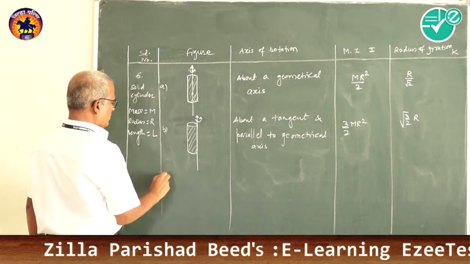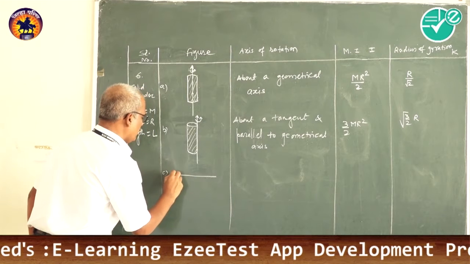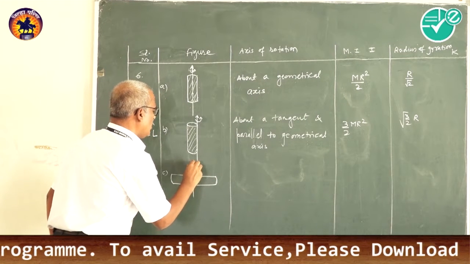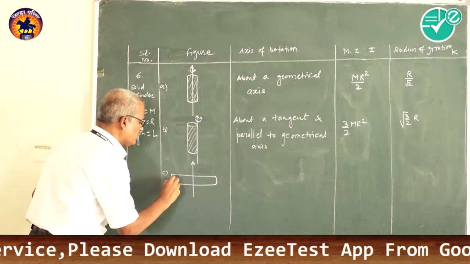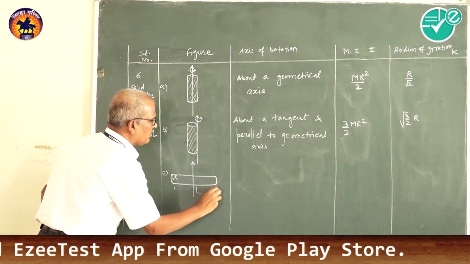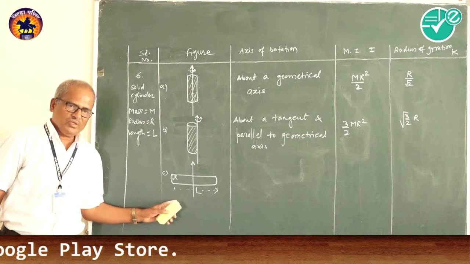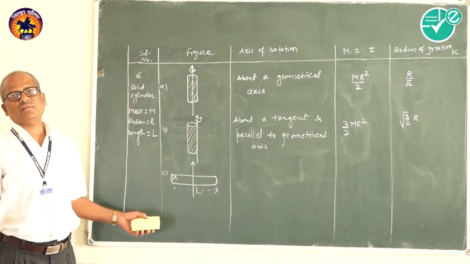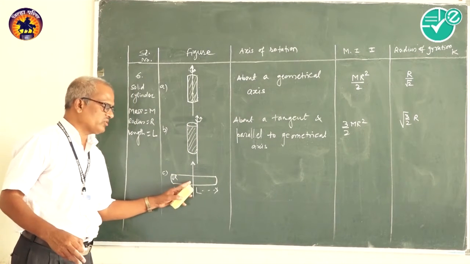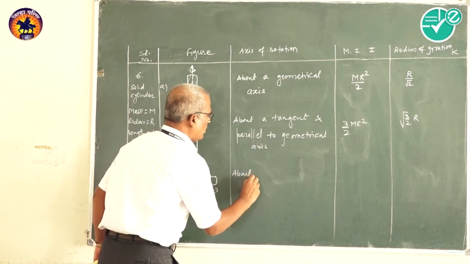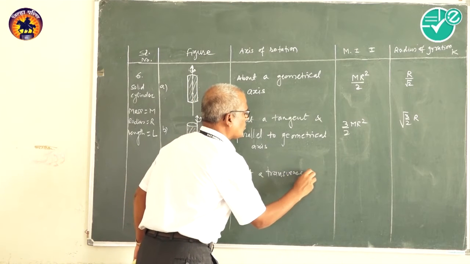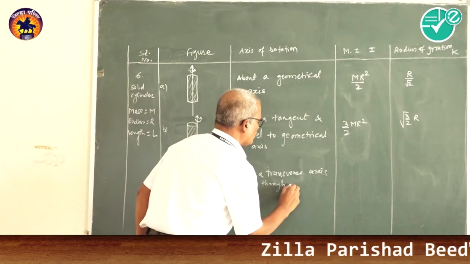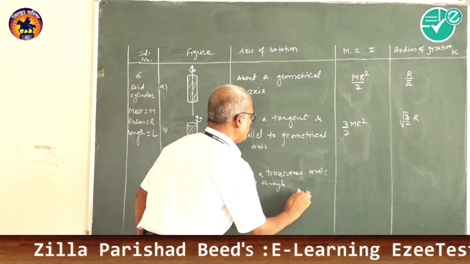Now this is first case, this is second case, and the third case is moment of inertia of the solid cylinder about a transverse axis having its radius capital R and length capital L. This is the moment of inertia of a solid cylinder about a transverse axis passing through its center, or one can say about an axis passing through its center and perpendicular to its length.